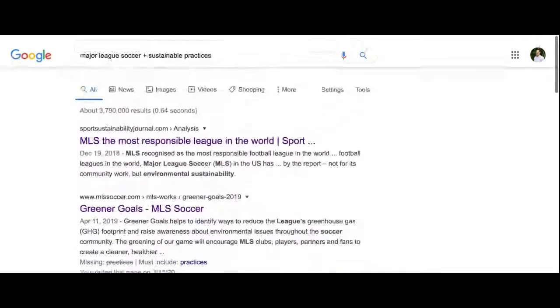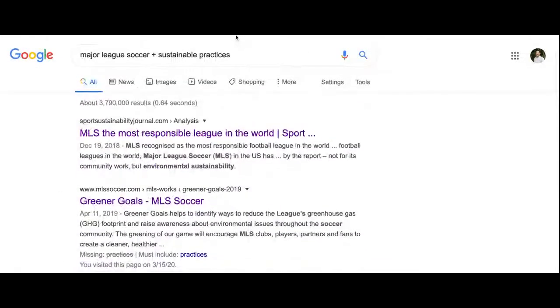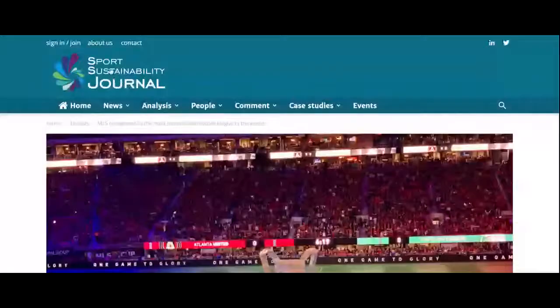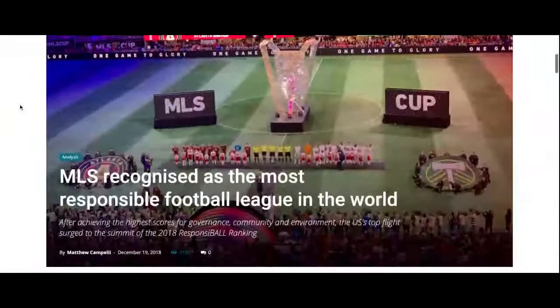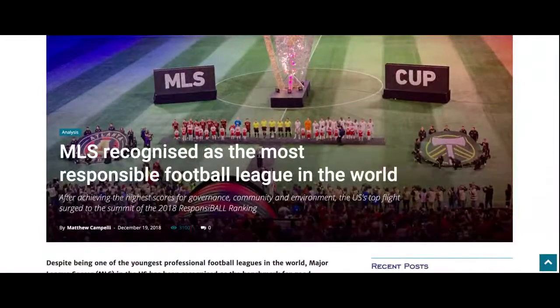And initially, if I click on a few of these, I found a couple of great tabs, right? Particularly, I'd say take a look at the first result that I had there. It talks to you about the Sports Sustainability Journal. Okay, that seems legitimate because it's a journal, right? And it talks about how it's recognized as the most responsible football league in the world because of its sustainability practices.